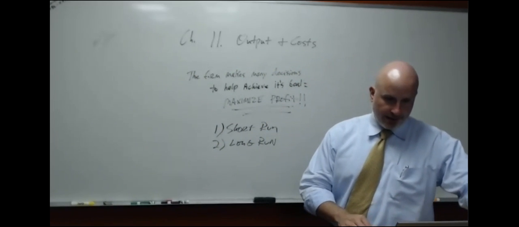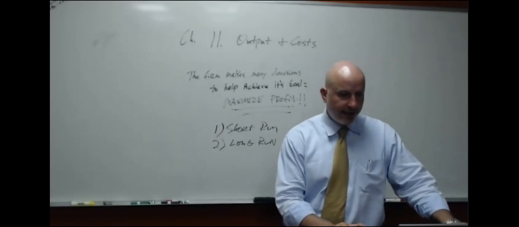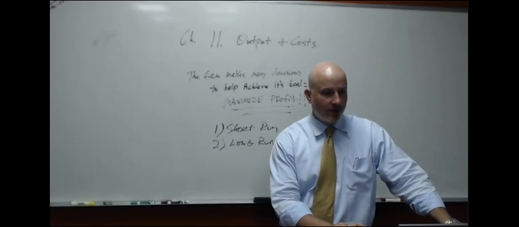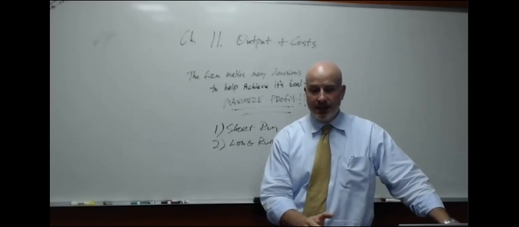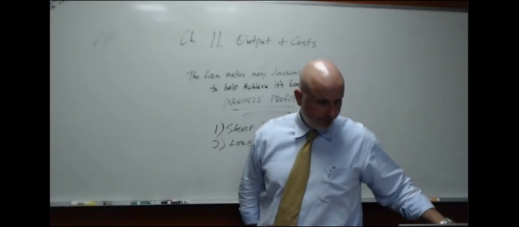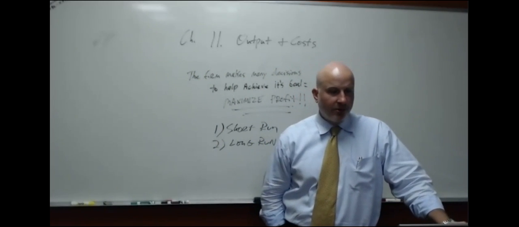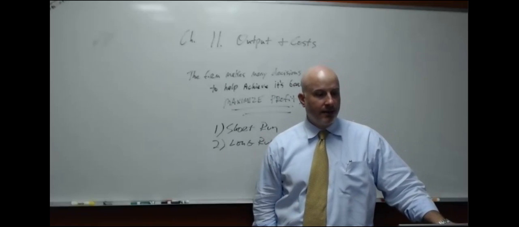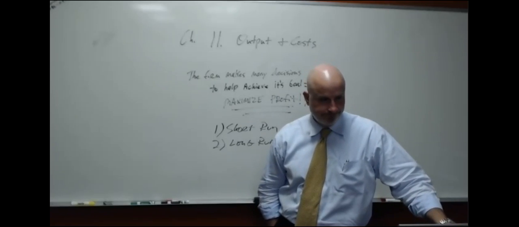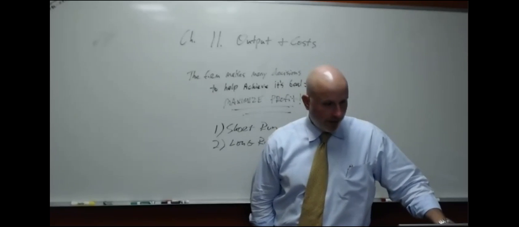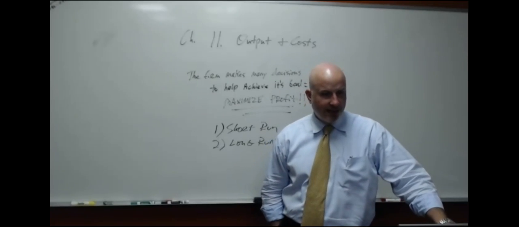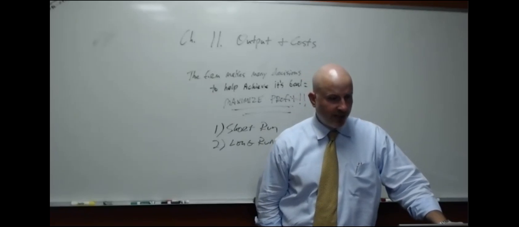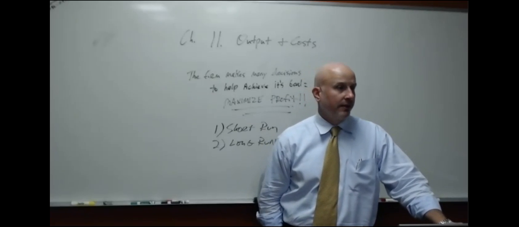Short run: a time frame in which the quantity of one or more resources used in production is fixed. For most firms, the capital, called the firm's plant, is fixed in the short run. Other resources used by the firm, such as labor, raw materials, and energy, can be changed in the short run.